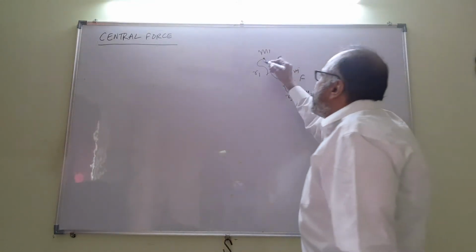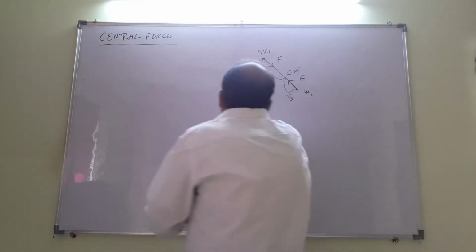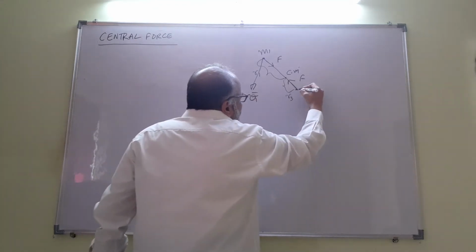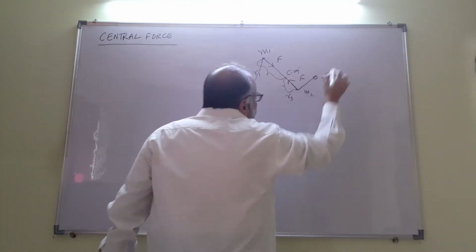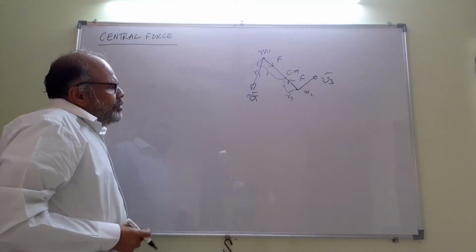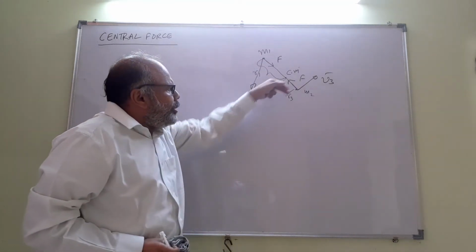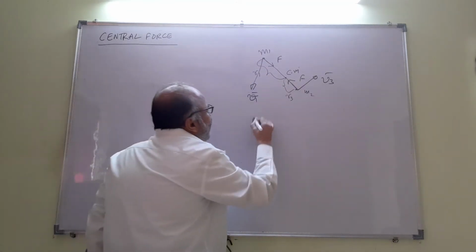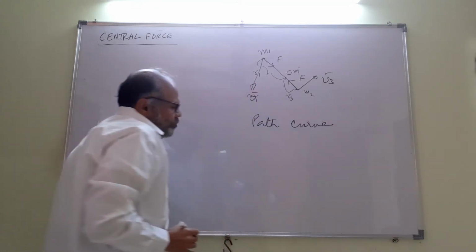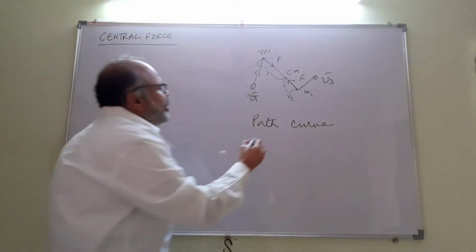But what if the velocities were something like this? If v1 was something like this, and v3 is something like this. I have just shown an example where the velocities are not along the line joining the two. Then the path is going to be a curve.